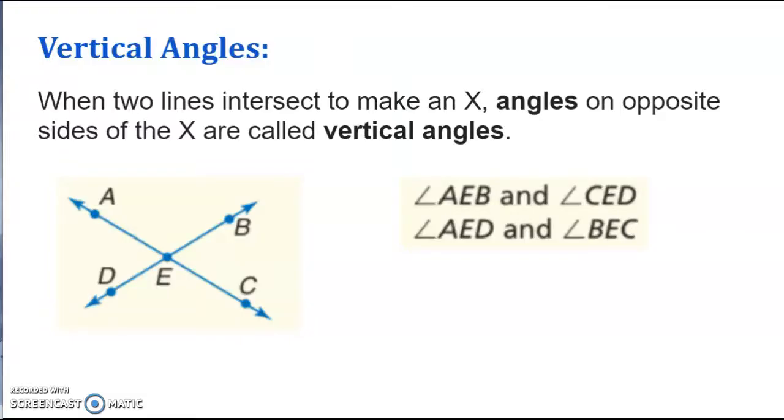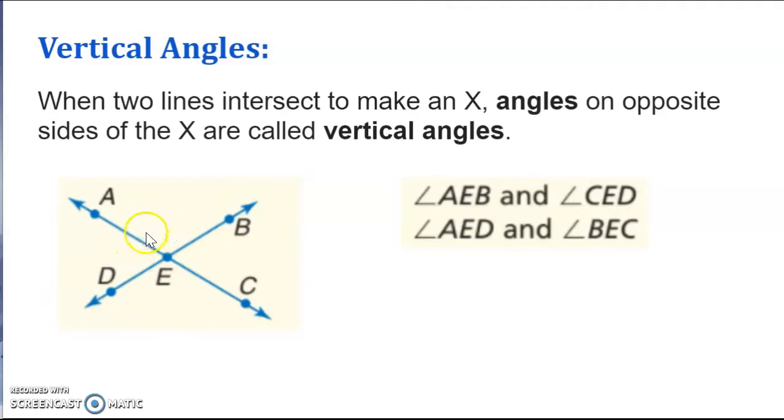Okay, so let's talk about vertical angles. When two lines intersect to make an x, so when this line DB and AC intersect to form an x, the angles on opposite sides of the x are called vertical angles. So this angle here and this angle here, they're opposite each other. They're called vertical angles.